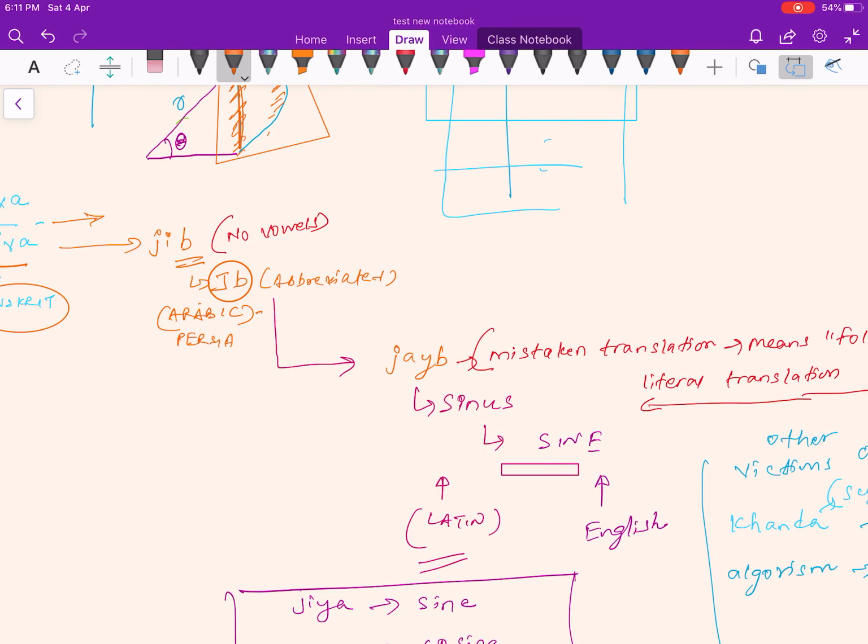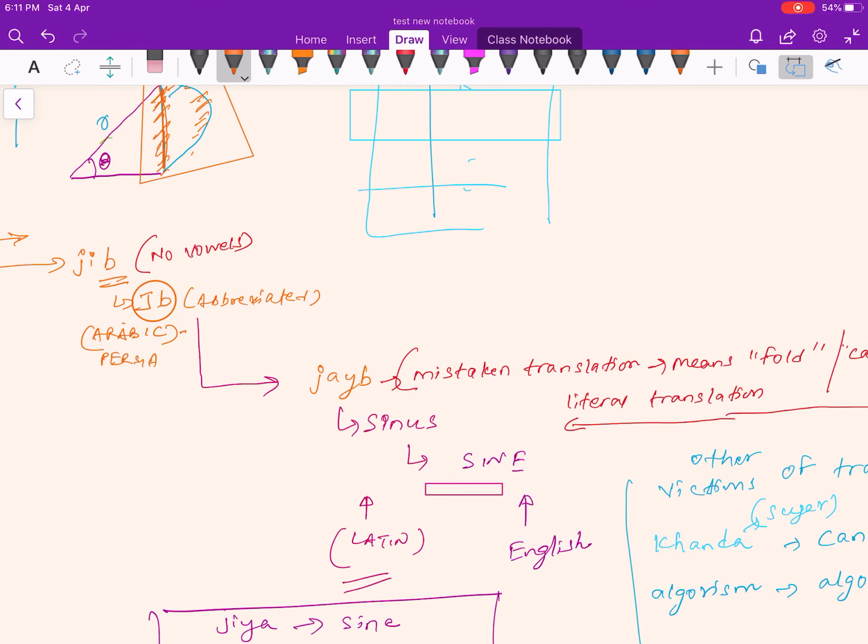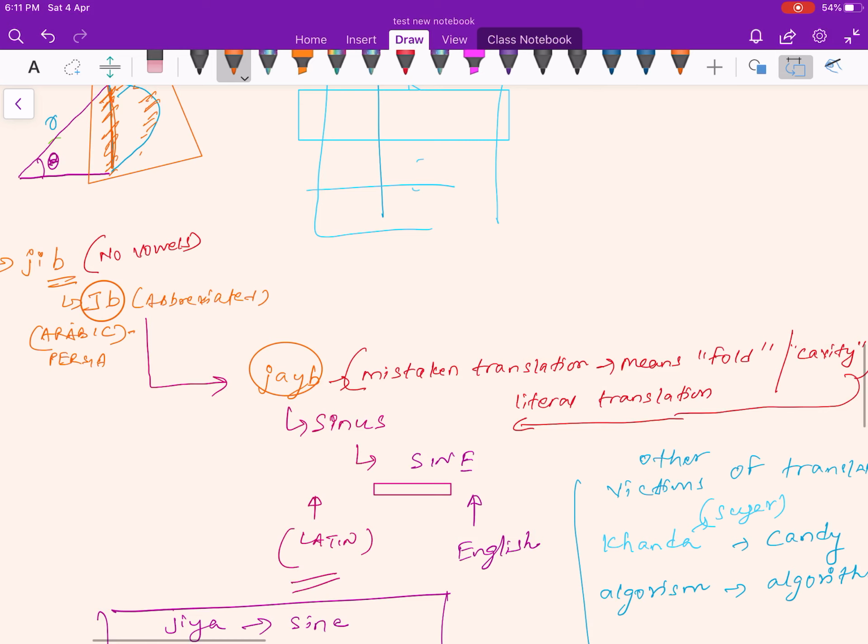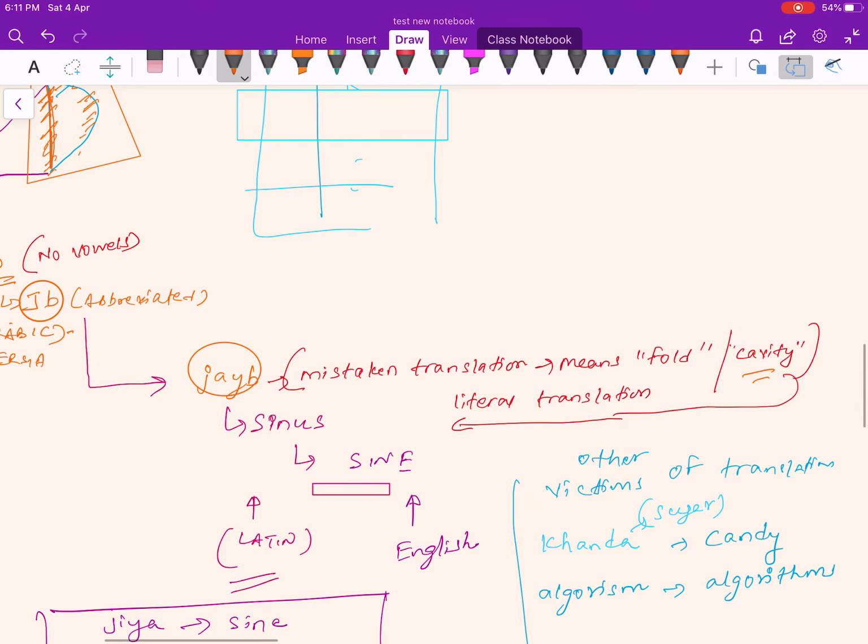They started using the Latin equivalents of what this could possibly mean, and they mistook this JB or jib as an abbreviation of an Arabic word, JAYB, which in the Arabic world means to fold or to have a cavity. So they thought that's what JB would stand for, and a cavity or fold in Latin translates to sinus, and that's where the word sinus comes from.